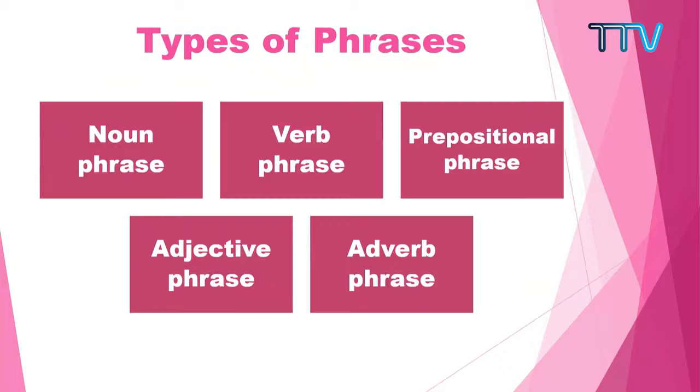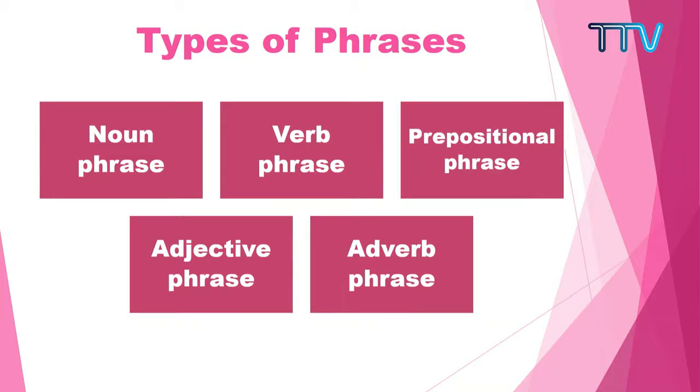So the types of phrases. So we have actually many types of phrases, but I'm going to discuss briefly only some of the phrases. So we have noun phrase, verb phrase, prepositional phrase, adjective phrase, adverb phrase. So you can easily find out by looking at the word itself, noun phrase.